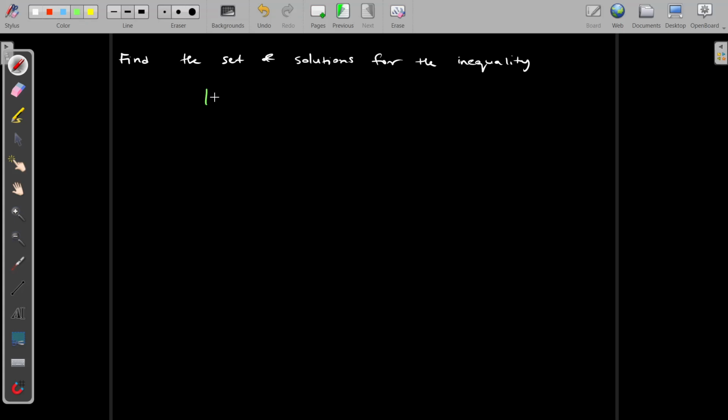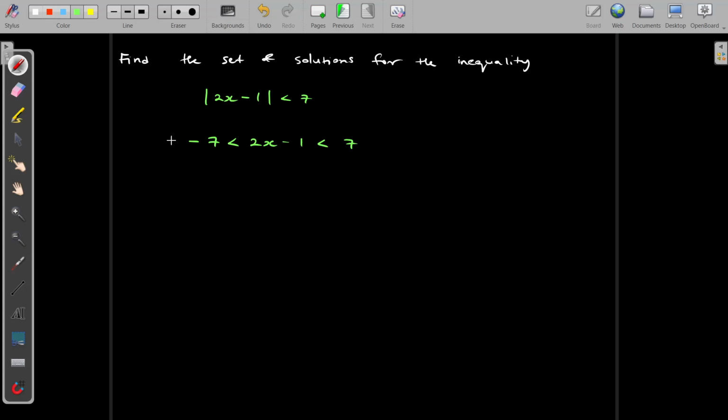So we have modulus of 2x minus 1 is less than 7. So the x is less than the constant, so we can go ahead and write it in our form where we have negative 7 is less than 2x minus 1, and this is positive 7.